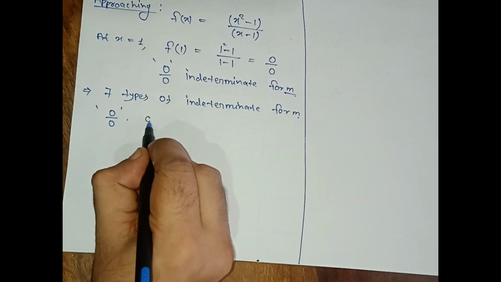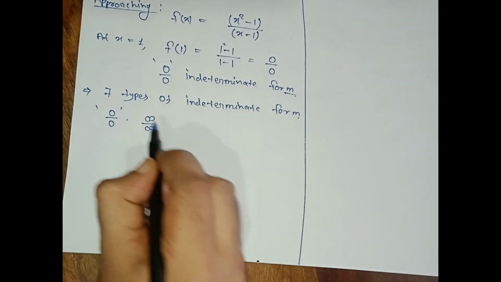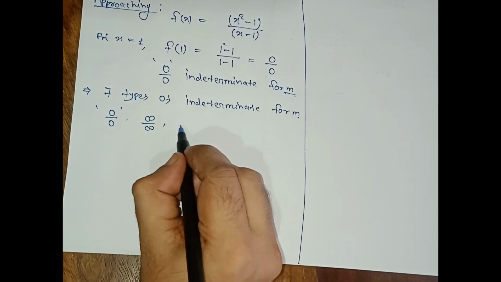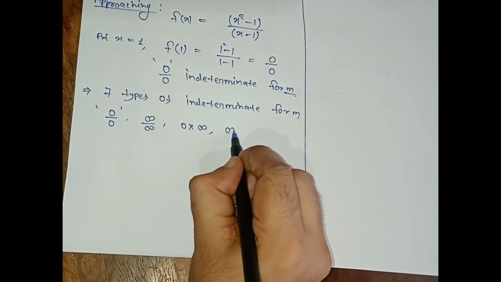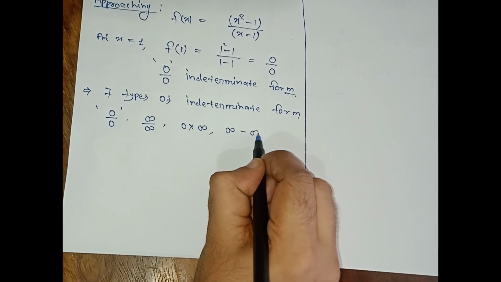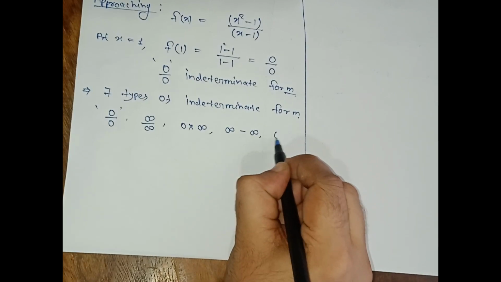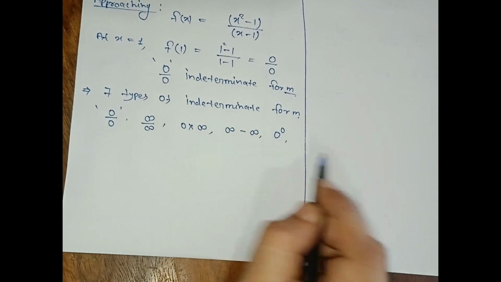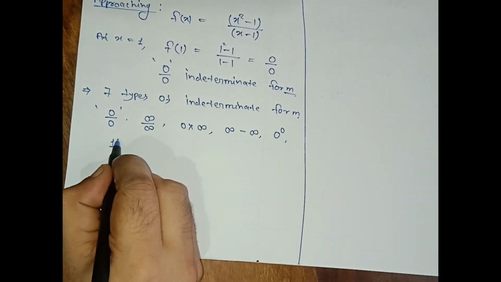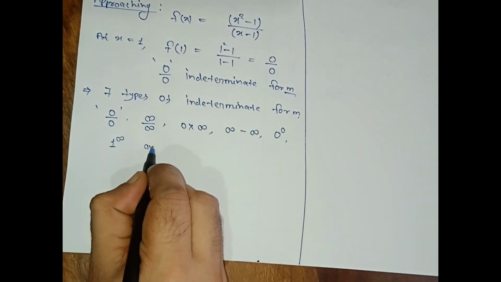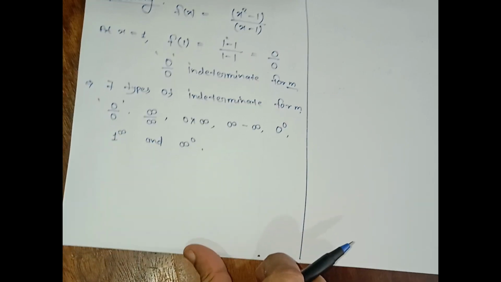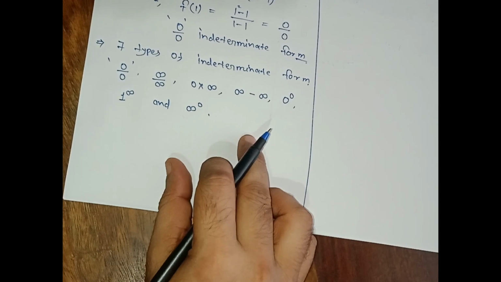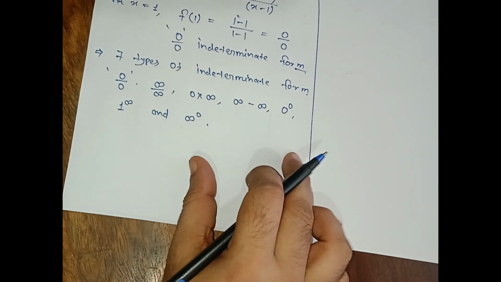Okay, infinite upon infinite, 0 into infinite, infinite minus infinite, 0 to the power 0, 1 to the power infinite, and infinite to the power 0. Okay, so these are the 7 types of indeterminate form.